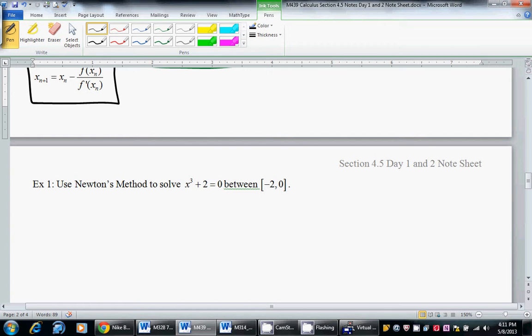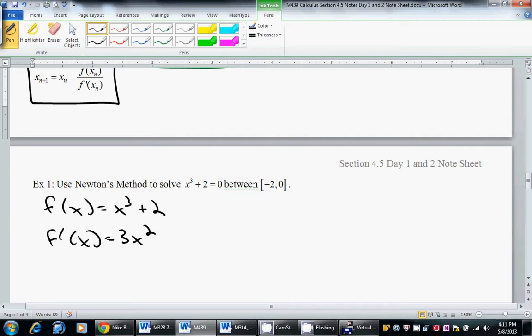So I'm going to do a couple of things here. First of all, f of x is the given function. F prime of x is just the derivative, 3x squared. Now, x cubed plus 2 between -2 and 0.